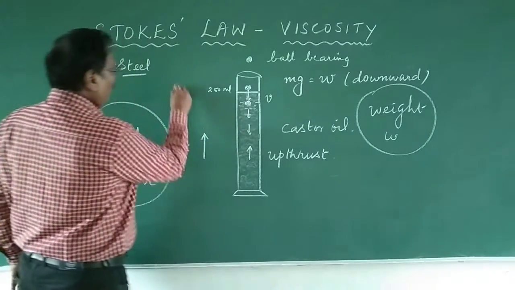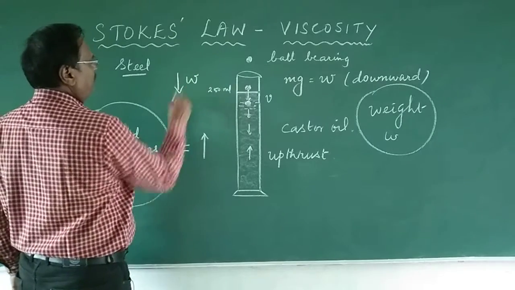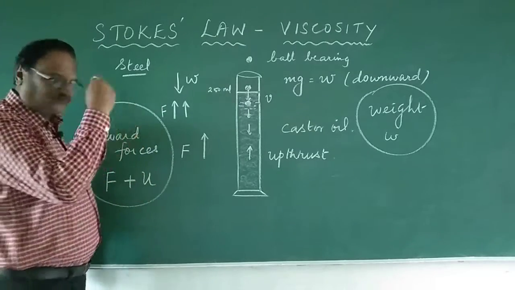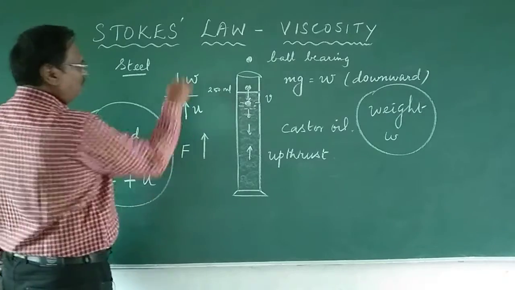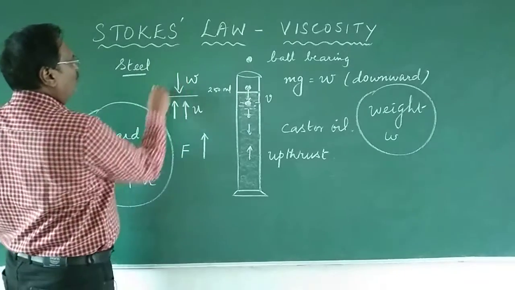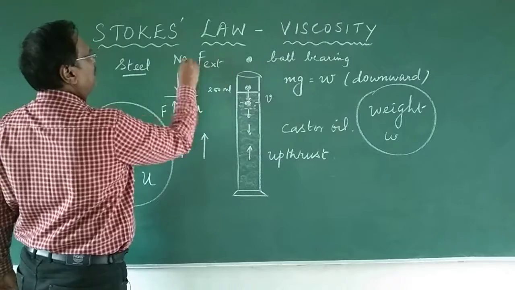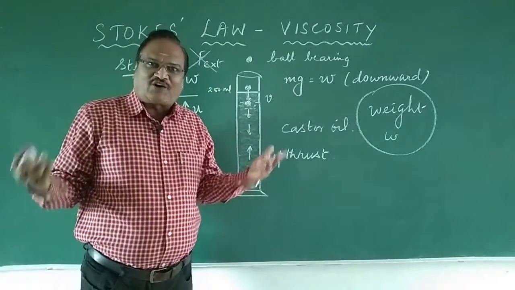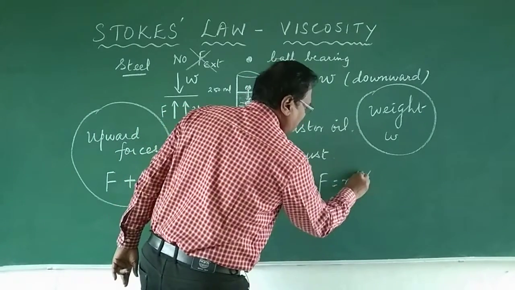Listen, the downward force is the weight of the body, and the upward force is the viscous drag or viscous force, and upthrust. When they both become equal, balanced, at that time no external force is acting. When force is not acting, according to Newton's second law, F is equal to ma, there is no acceleration.